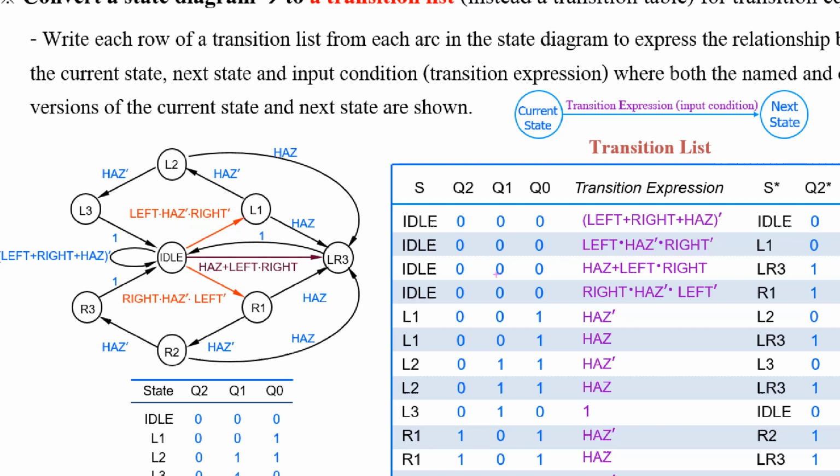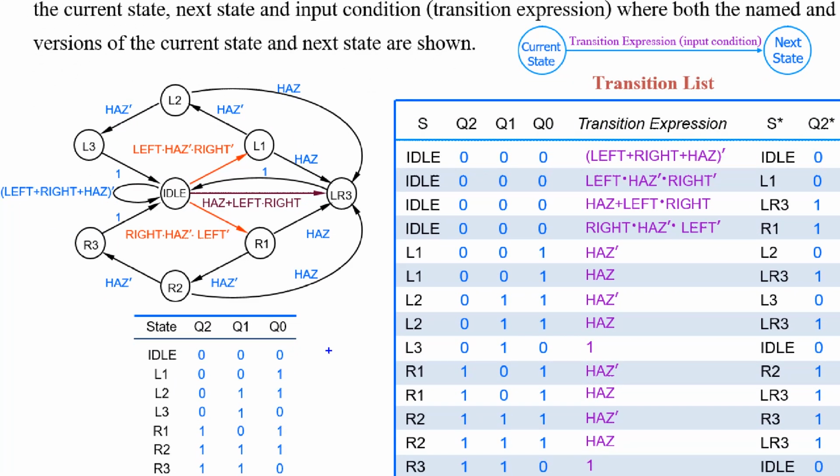So you just write the start and end state and the input condition for every arrow. Idle to R1, this condition. Idle changes to R1 by this transition expression.